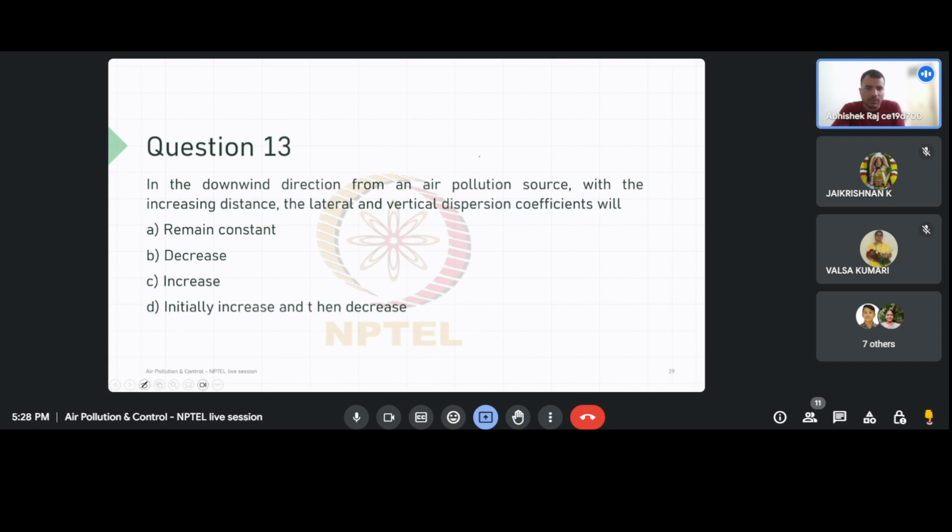So if you consider sigma y, sigma z, all these will be a function of their corresponding mean distances, that is dy and dz, and also x will be there, the longitudinal distance. As the distance increases, the dispersion also increases. So all these factors will keep increasing with the distance, that is x.